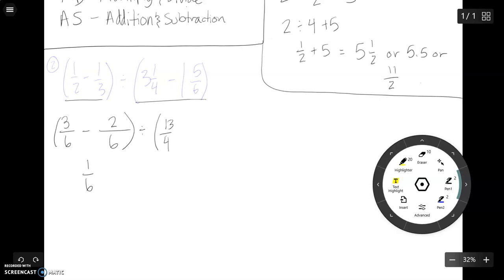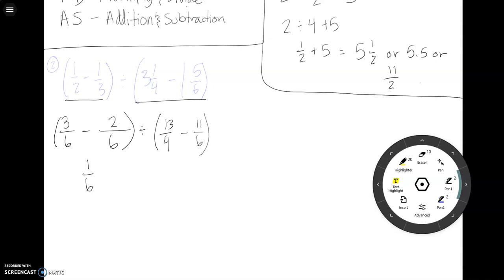And one simple way to figure out the improper fraction is take the big number, multiply it by the denominator to get 12, and then you add whatever's on the top. So let me erase those lines, if I can do that. Oh good, I can. So I get the 13/4. Similarly, I'm going to get 11/6 for that one.